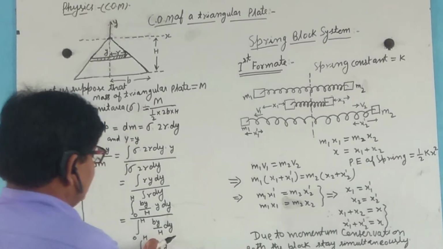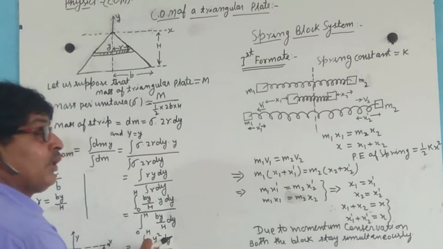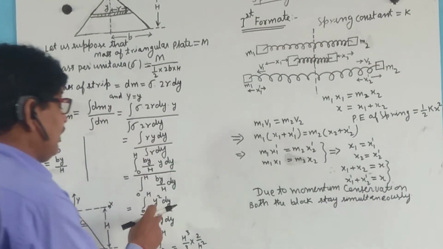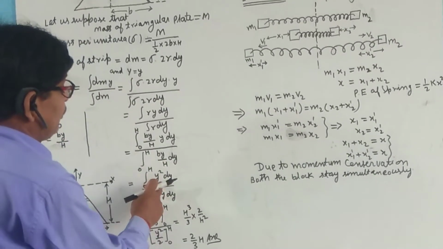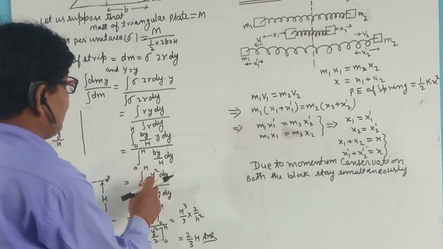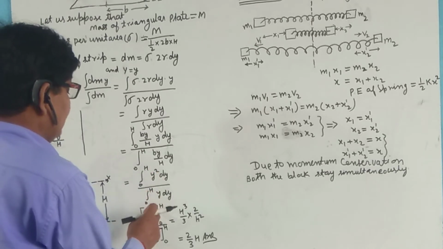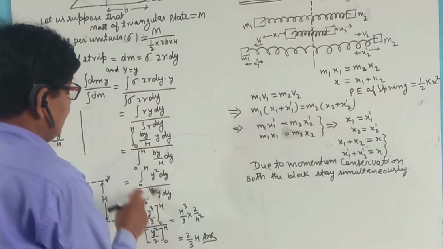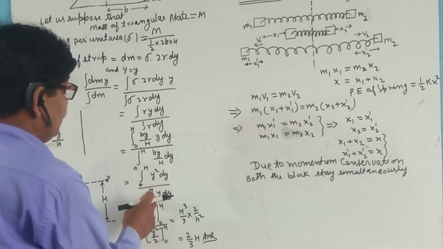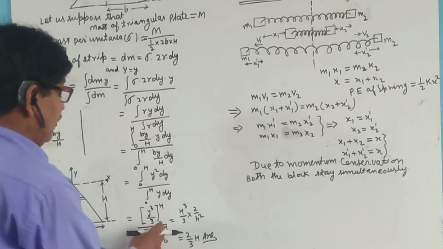Integration of x to the power n is x to the power n plus 1 divided by n plus 1. Similarly, the integration of y square dy is y to the power 2 plus 1 divided by 2 plus 1, that is y cube by 3, with limit 0 to h, and the integration of y dy is y square by 2, 0 to h.